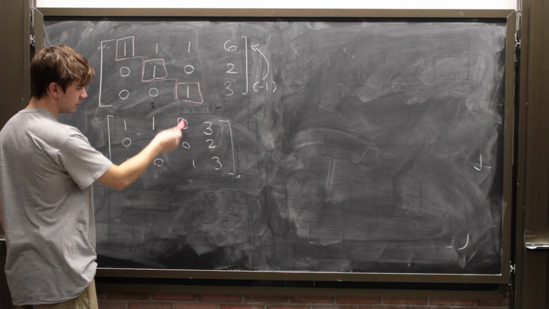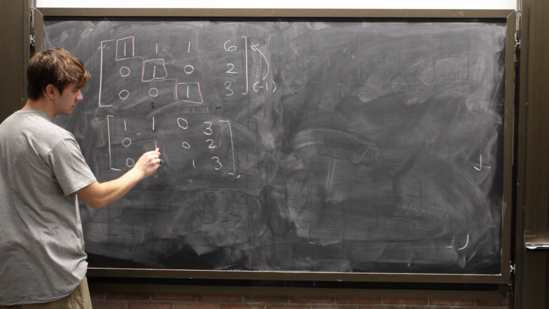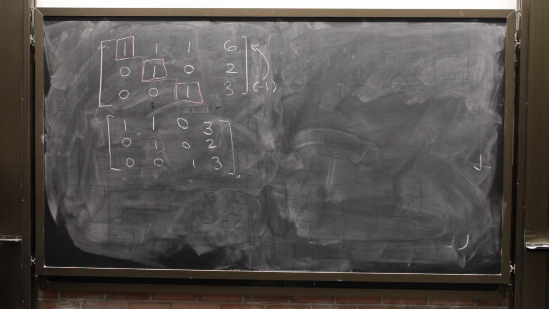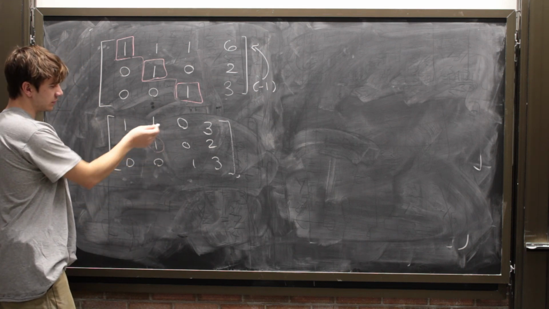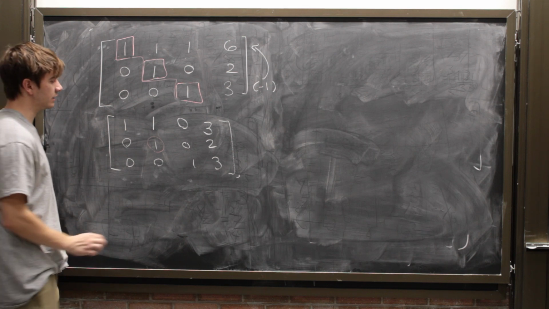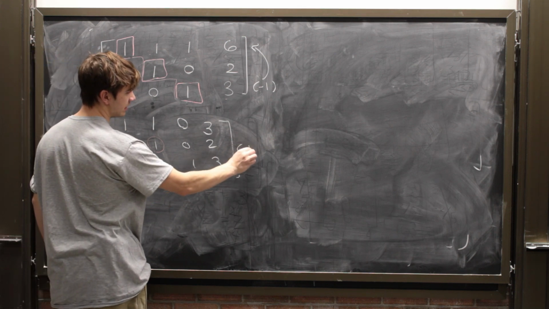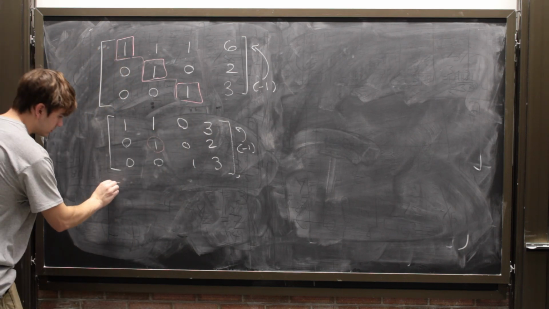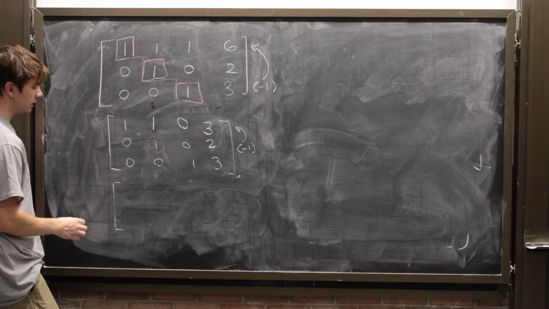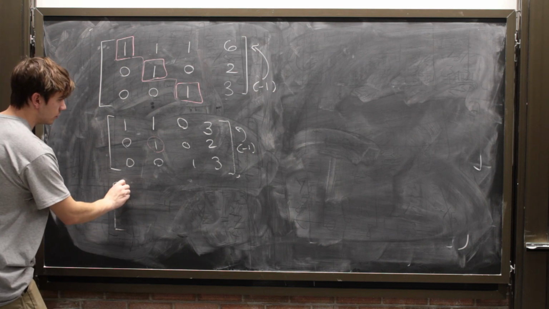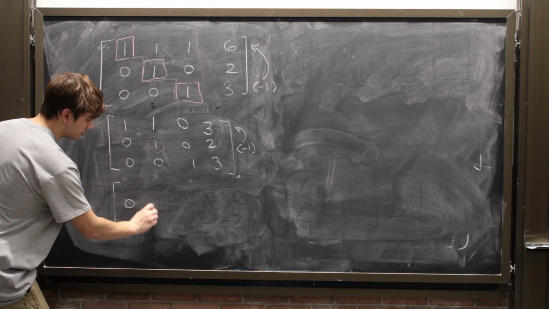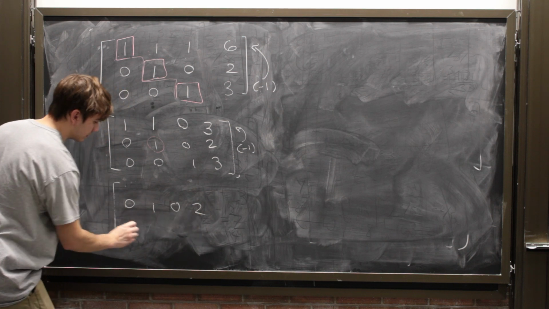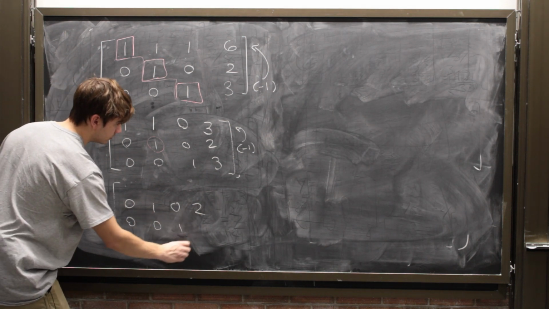So we've completed this one, so now I'm going to move up the staircase to this pivot, to this one, and I'm going to use this one to delete everything above it. So in this case, I just multiply by negative 1 and add to the top row, and I'm left with, okay, let's write the bottom 2 rows first, 0, 1, 0, 2, 0, 0, 1, 3.